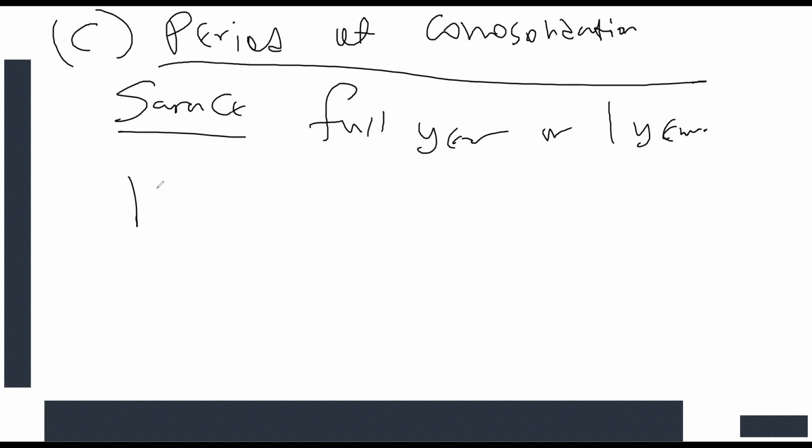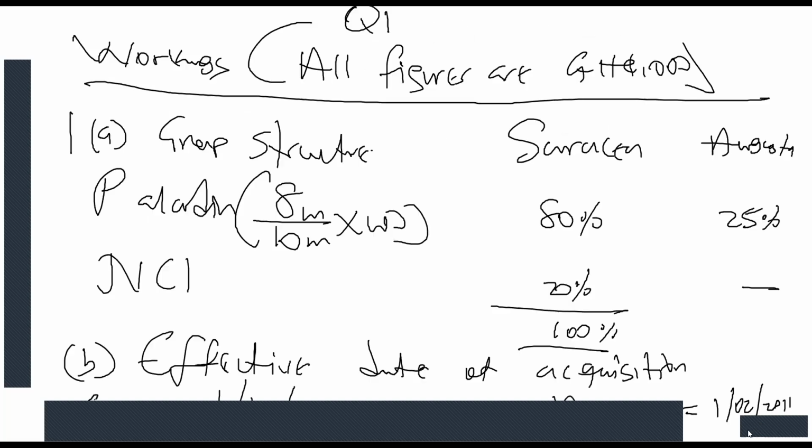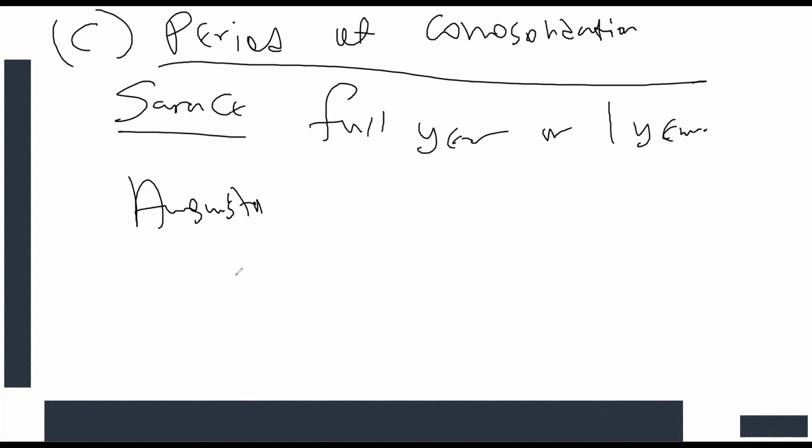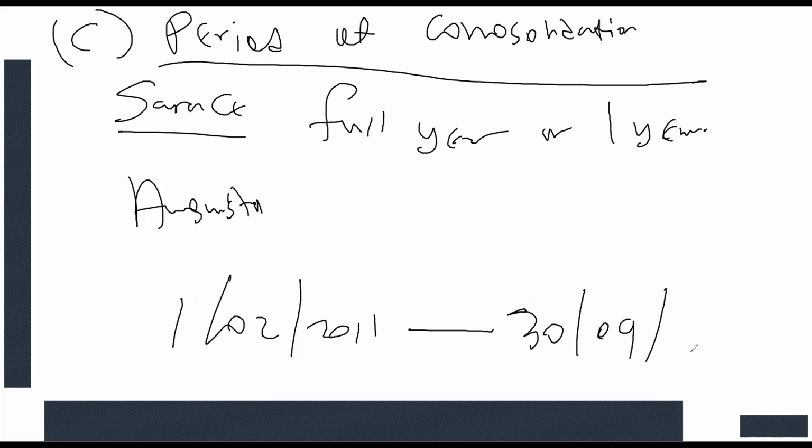But for Augusta, please, from February 2011 up to September 2011, how many months? First February 2011 to 30th September, the same 2011. How many years, how many months, how many weeks, how many days?